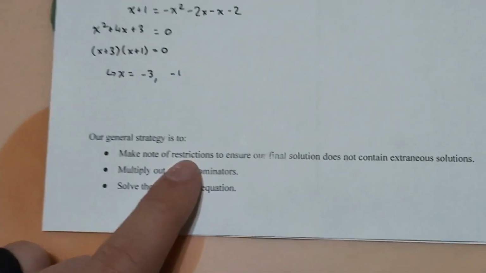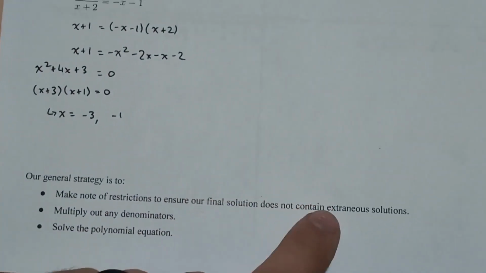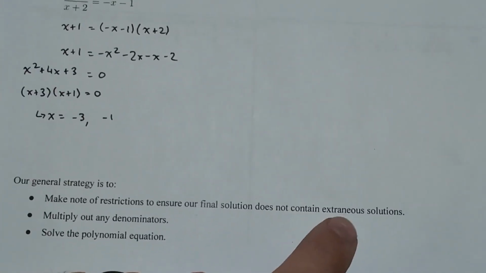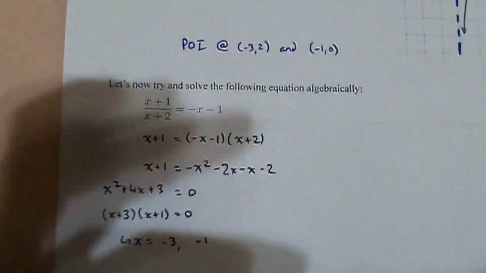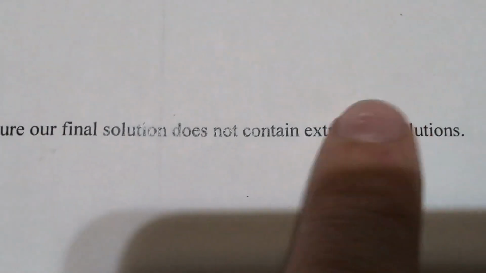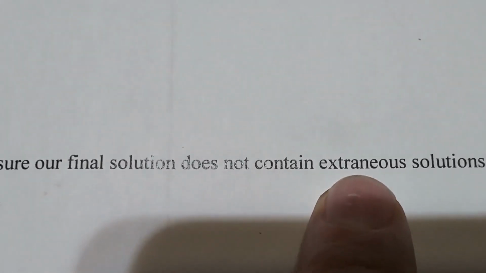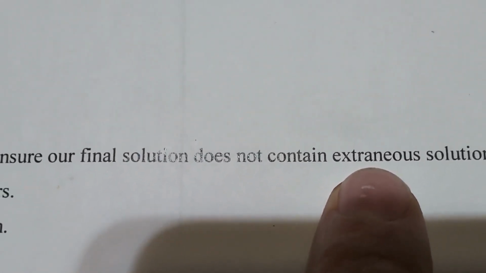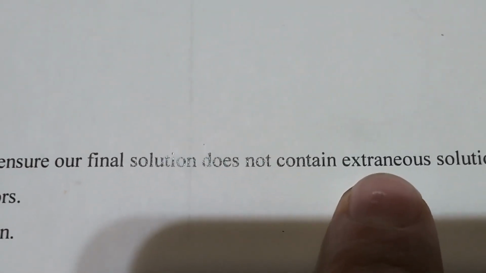we would want to make note of the restrictions to make sure that our final answer doesn't contain, oh, there's that word again, any extraneous solutions. So that word we used in our log unit as well. An extraneous solution is something that makes sense algebraically at the end of our solving, but didn't make sense back in the beginning.